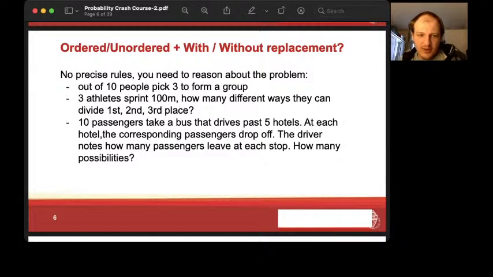So for the third one, in the first two, I sort of primed you into this idea that people are the thing that is being placed onto. But in the third example, you can see that actually the hotels are unordered with replacement, because this time the hotel is the one that is being sampled on.